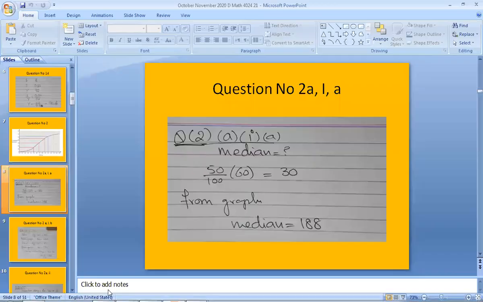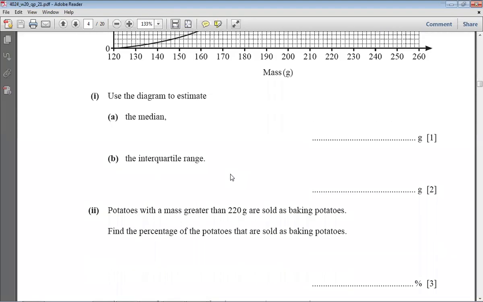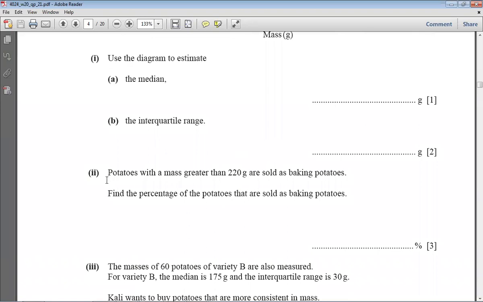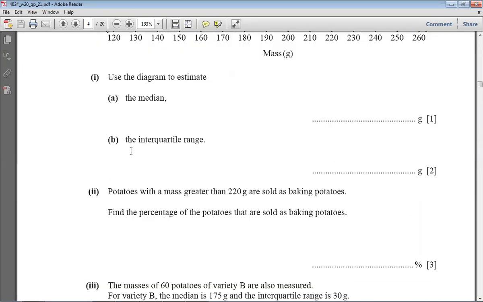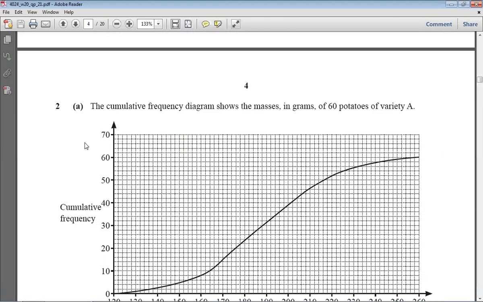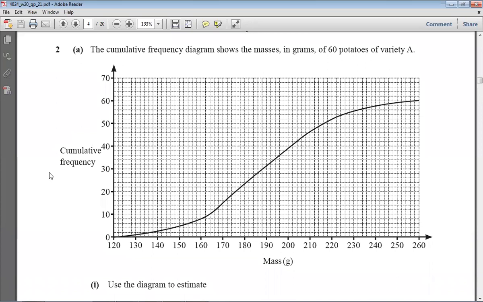Okay, so the next question they are asking you is question number 2A, the B part, the interquartile range. If you want to find the interquartile range of this cumulative frequency curve, we need to find the Q1 and the Q3.